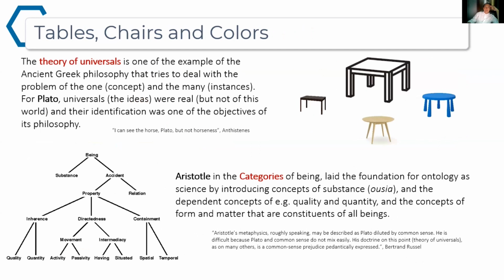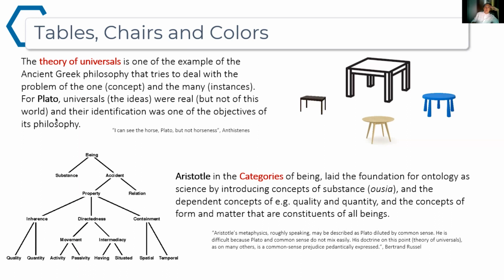But philosophers in ancient Greece had not a lot of scientific knowledge of the world, except what is perceivable by senses. So they started to talk about tables, chairs, colors, and whatever, and they started to develop the theory of beings, developing, for example, the theory of universals.